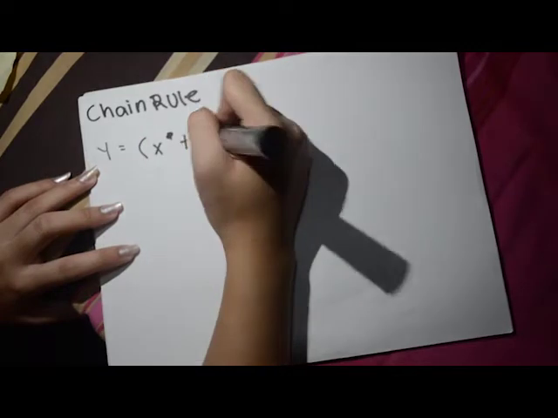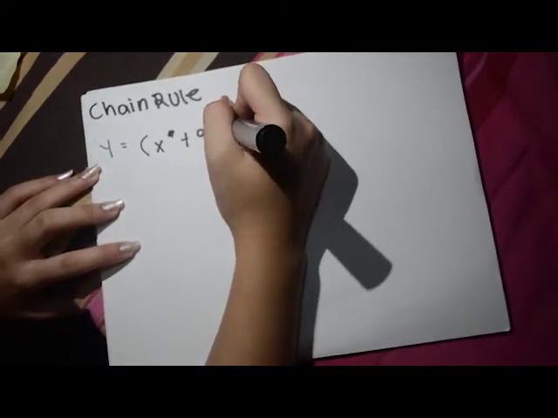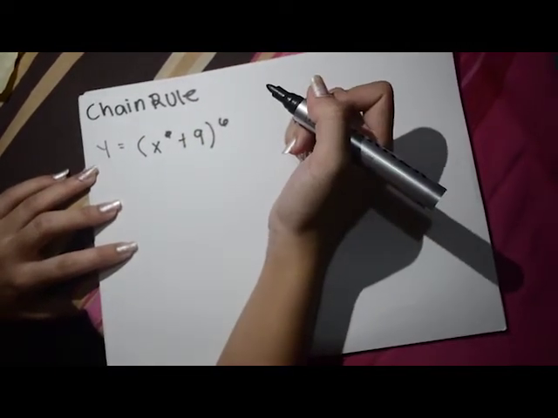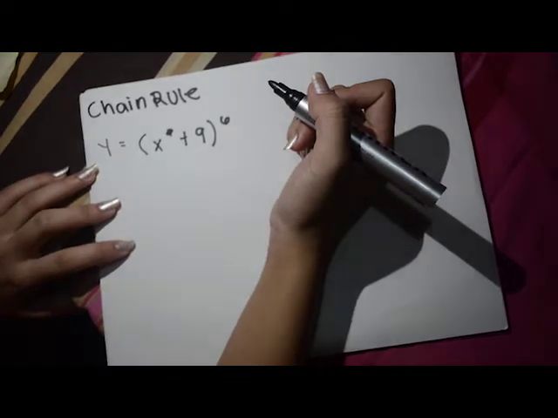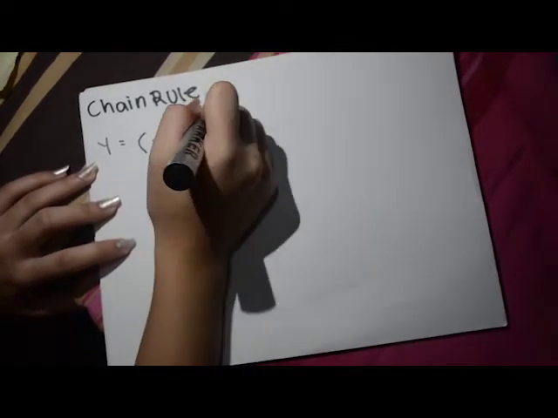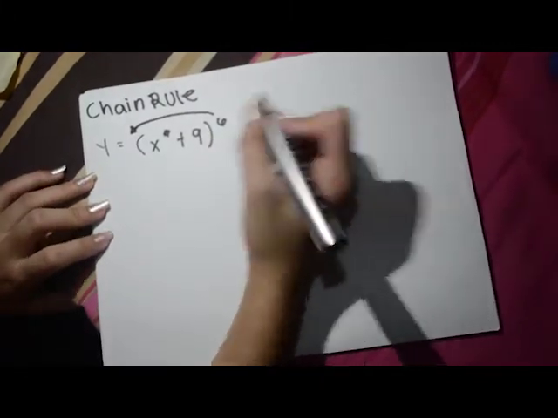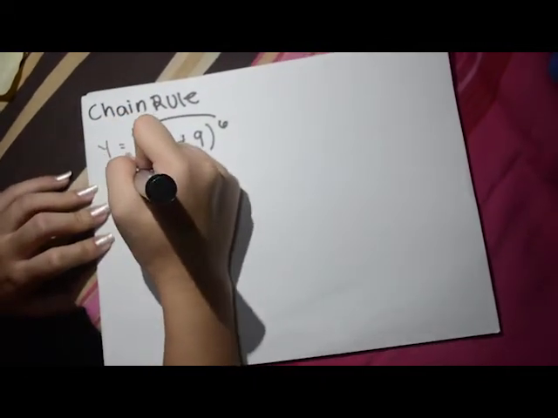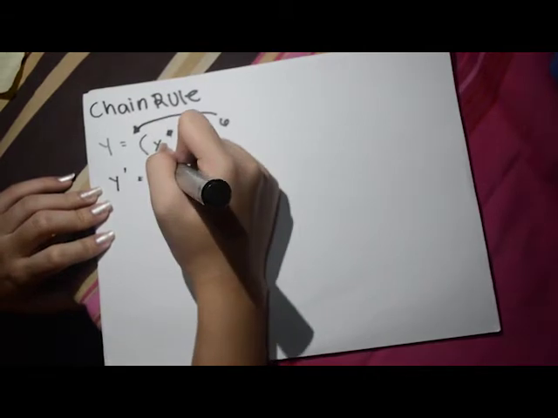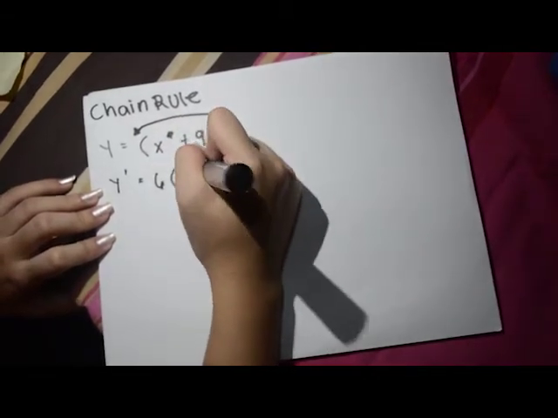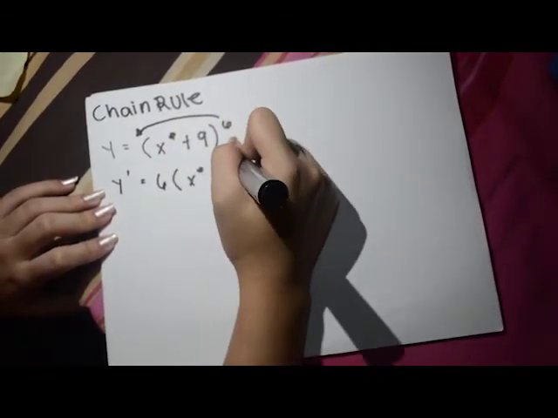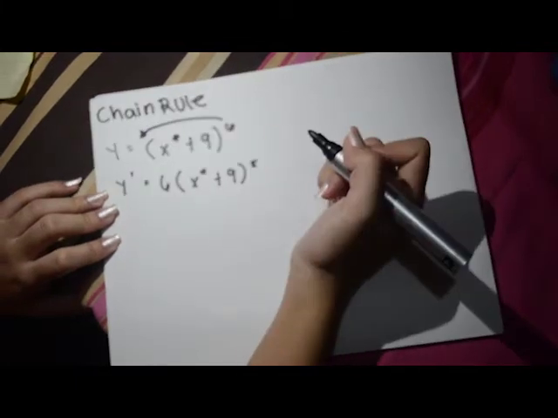We'll be solving just an easy one for this rule. The function y is equal to the function x squared plus 9 raised to 6. Use the power rule. Take the power in front of the function and then reduce the power by 1.